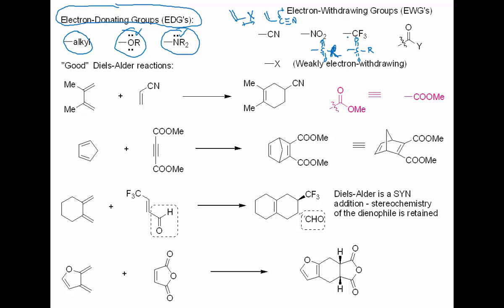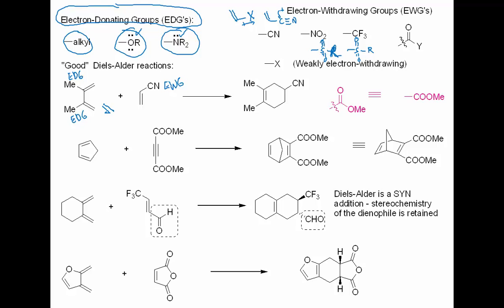All right, so this first one here, we have an electron withdrawing group right here. Electron donating groups here. And this reaction produces this product right here with high yield and high efficiency. This is a good Diels-Alder reaction.